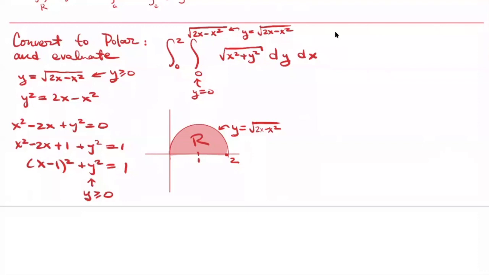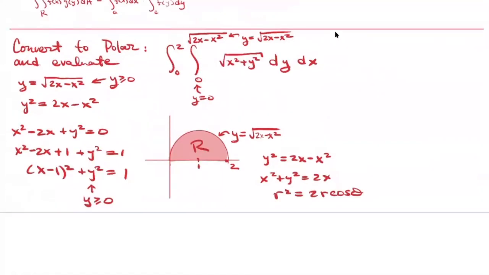Kind of need to know what this thing is in polar. So let's see what it looks like in polar. When you have y squared is 2x minus x squared, I think we should put the x squared plus y squared together. So that's r squared is 2r cos theta.